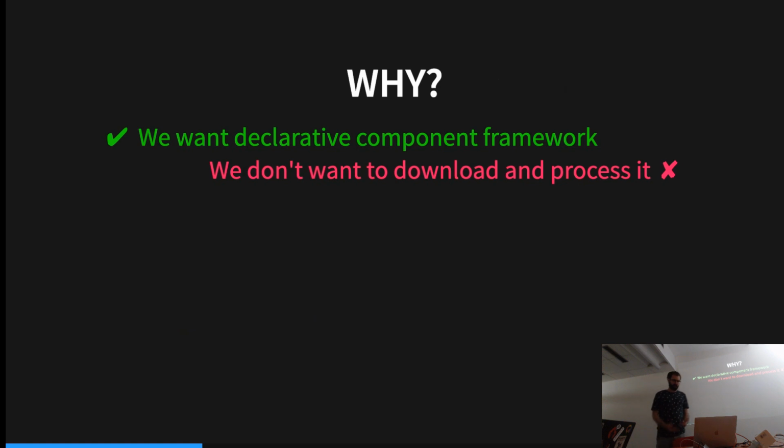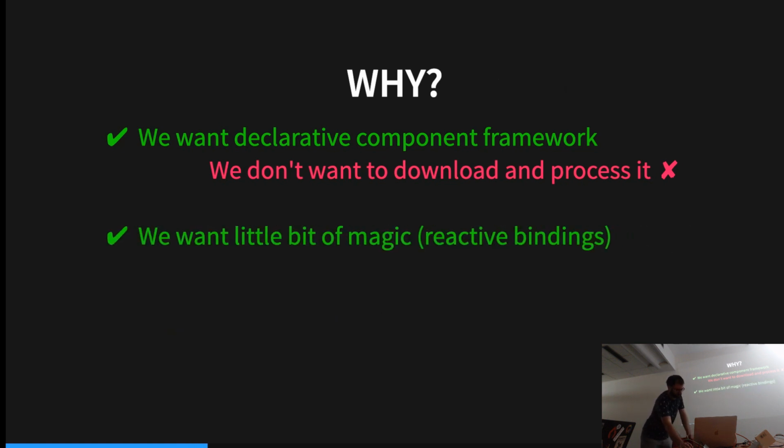So processing all the JavaScript on the first load is quite demanding, and on mobile phones it can take 10, 15 seconds. So it's not only about the bandwidth. And this is what it's bringing in. You have the declarative framework, but you don't have these big bundles. You don't need to process code which is not necessary.